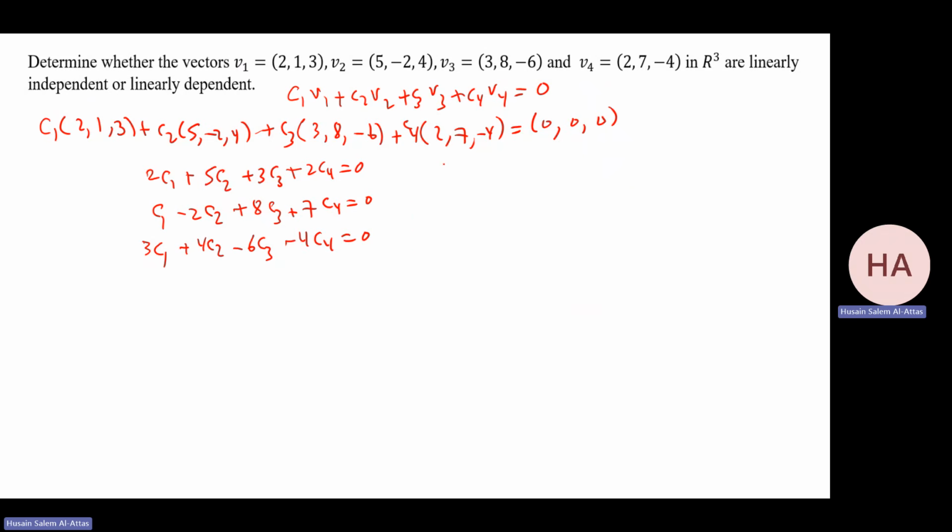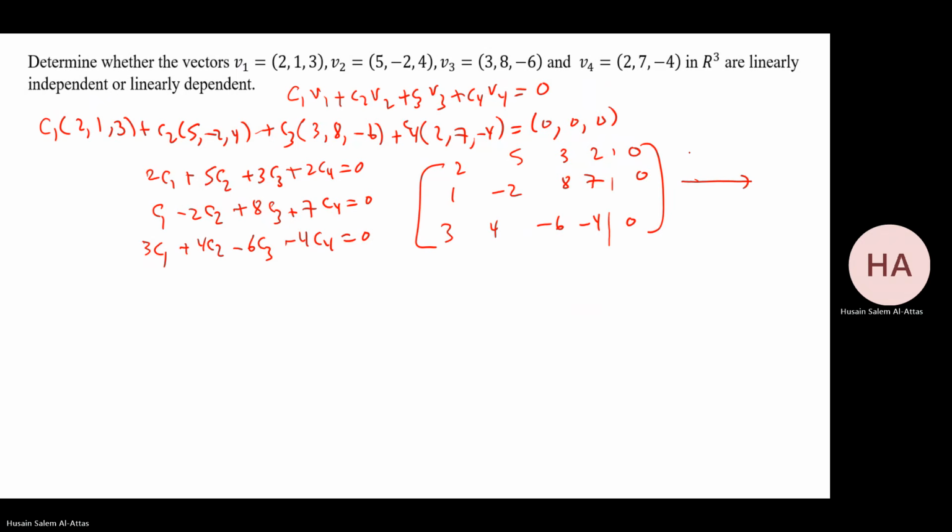So I need to solve this system. Actually, 2, 5, 3, 2, 0. 1, minus 2, 8, 7, 0. 3, 4, minus 6, minus 4, 0. To avoid having fractions, I will interchange R2 with R1 so that I have 1.